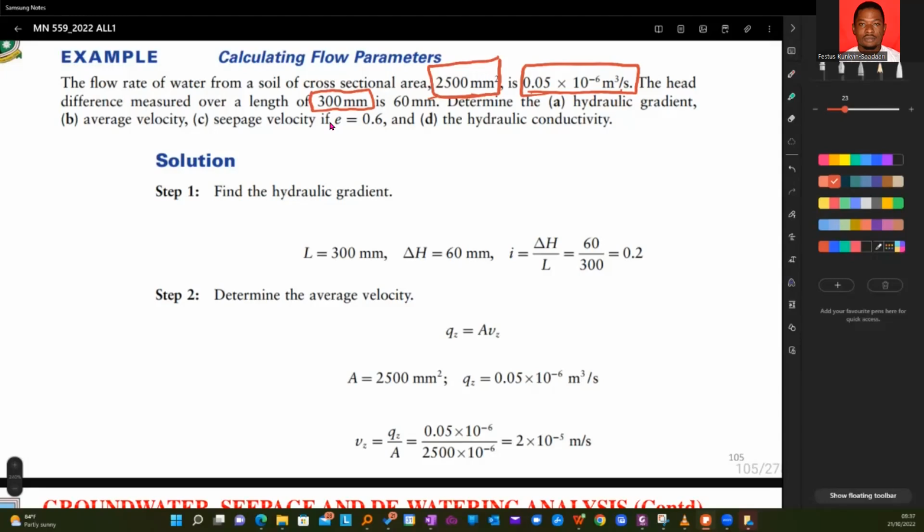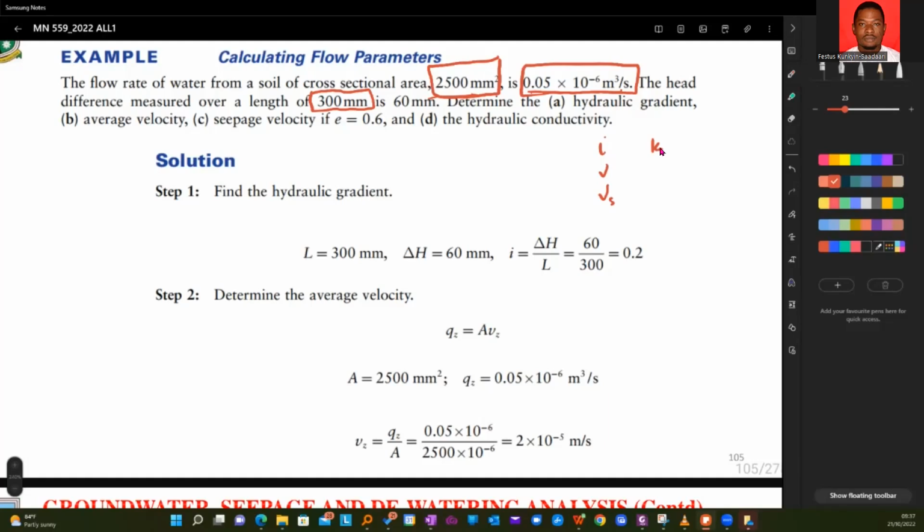Determine the hydraulic gradient, which is I, the average velocity, which is V, the seepage velocity, which is Vs, and then the hydraulic conductivity, which is K. These are the things they are asking us to compute.